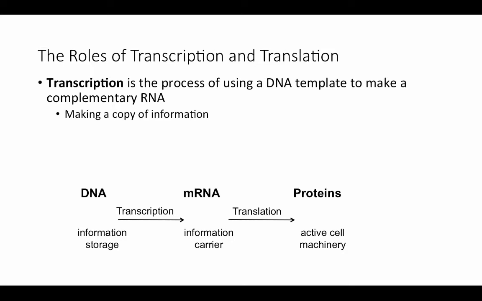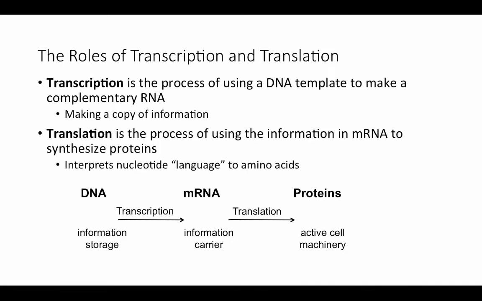So transcription is basically just making a copy. Translation is the process of using the information in mRNA to synthesize proteins. So basically, you're changing from one language to another. You're switching from the language of the DNA code to the language of an amino acid sequence. And so we call this translation because it's the idea of changing languages.